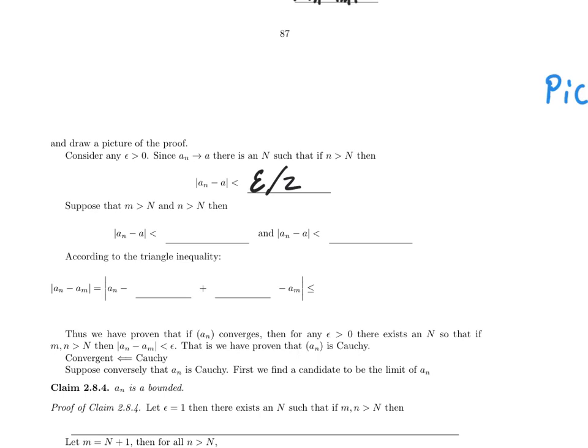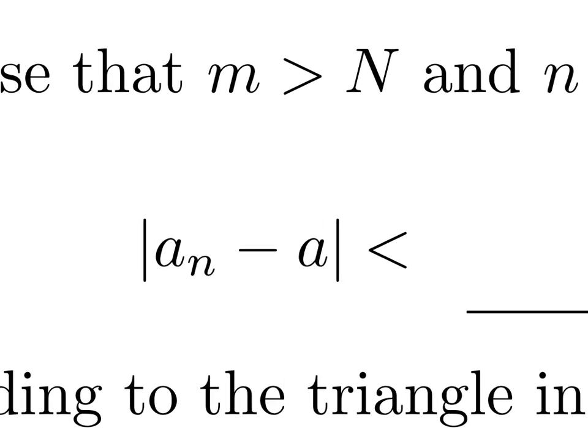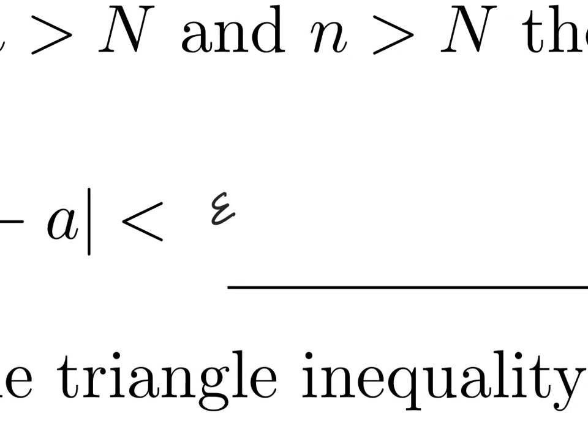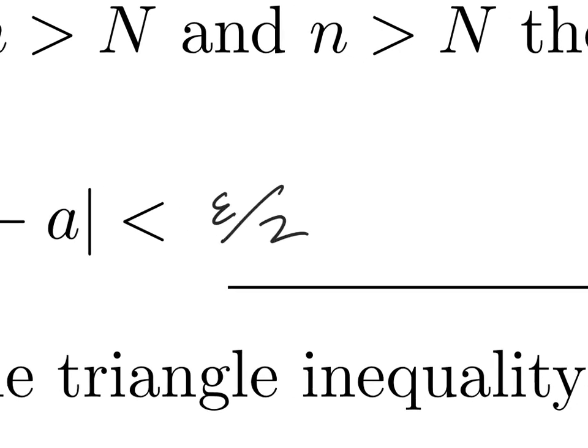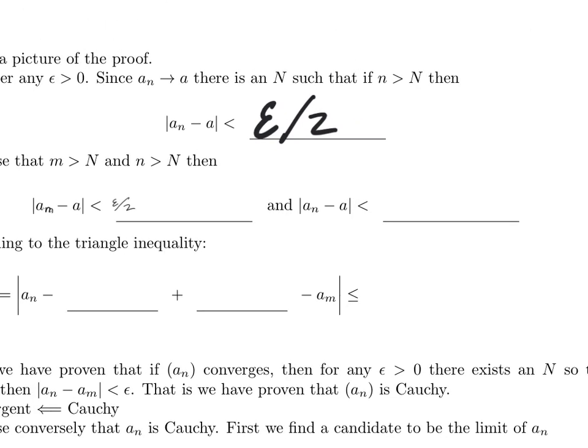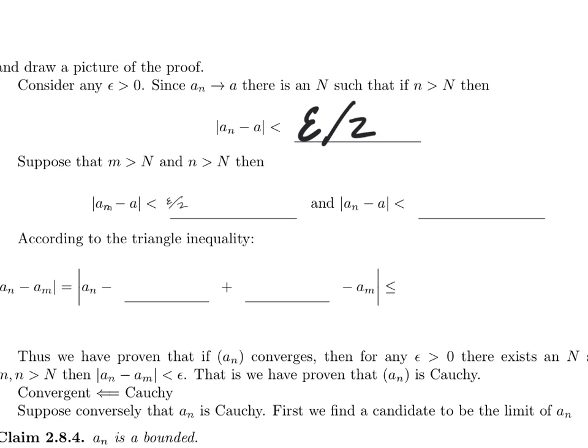The statement of Cauchiness now says that I should assume that little m and little n are both bigger than big N. Do that. Well then, since little m is bigger than big N, then a sub m minus a is less than epsilon over 2. And because little n is bigger than big N, a sub n minus a is less than epsilon over 2. Nice.